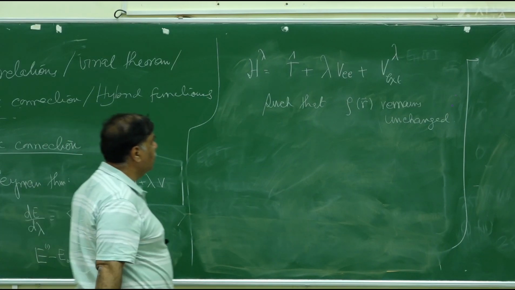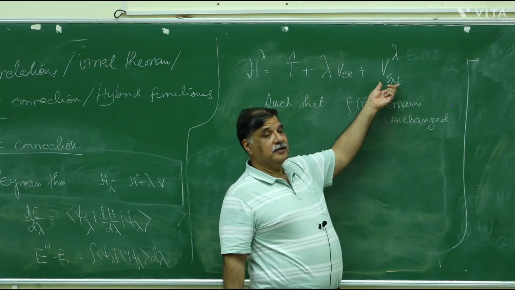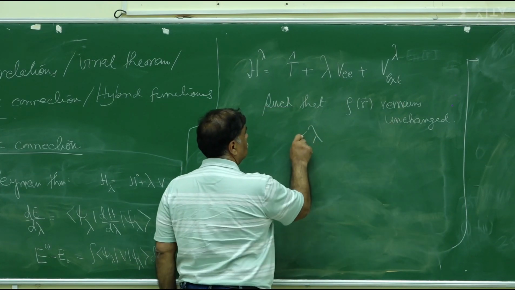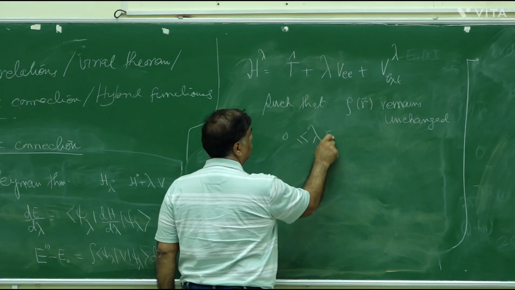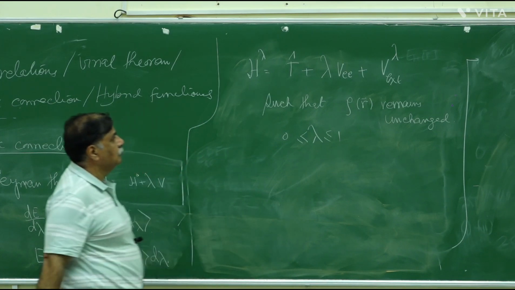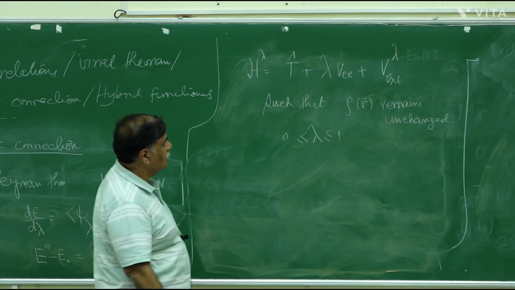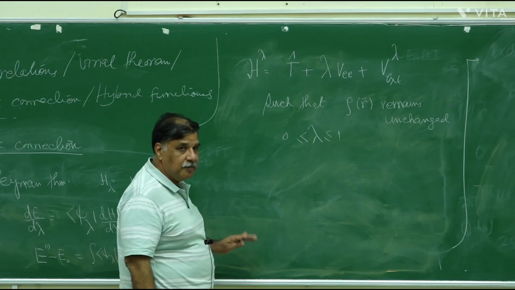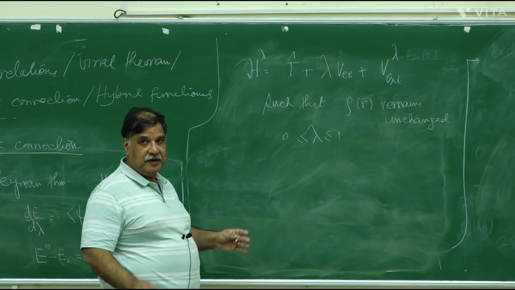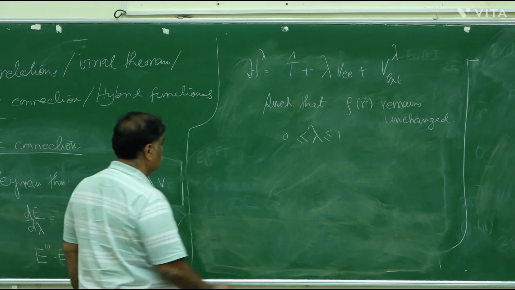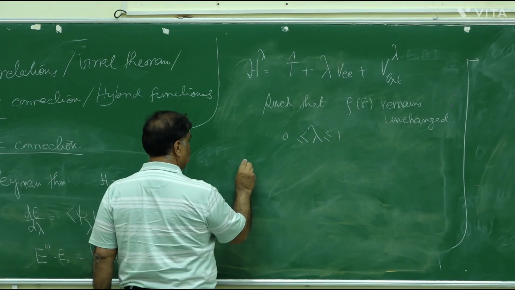So before we do that, you may ask, can you even find this? Lambda is between 0 and 1. Well, right now that question is not arising, but yes you can. And that also provides a way of checking your functionals.